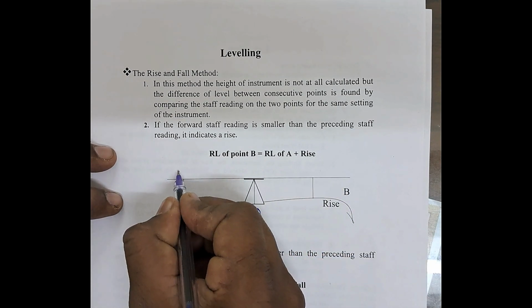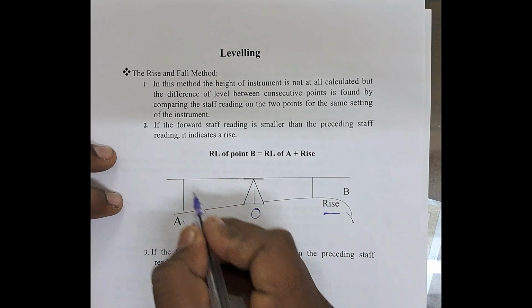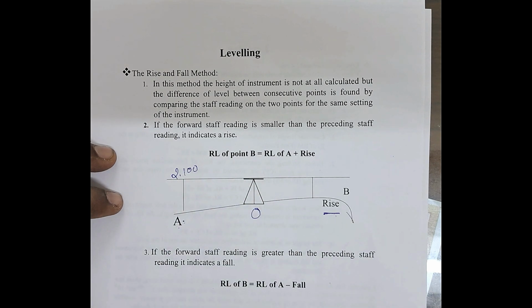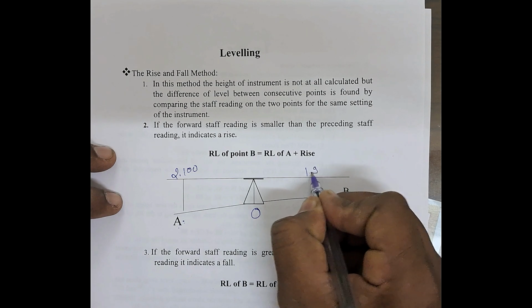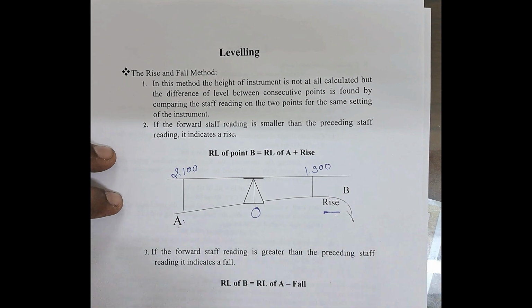Now just assume here we have a value, because this will be your rise. Here the value we have is 2.100 and here we have a value of 1.900. Now you just need to find the simple difference between the two points.